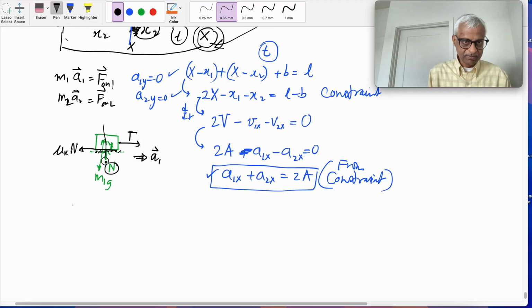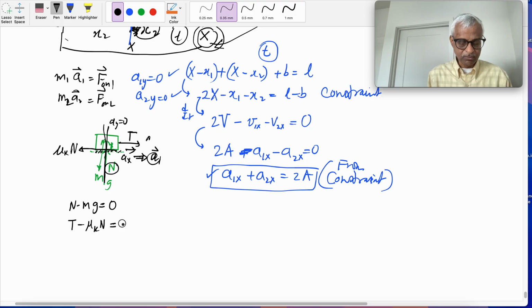So what do we have? Over the vertical direction, this acceleration here is ax, and ay is 0. So N up minus mg equal to 0, and T minus mu k N equals m1 ax.